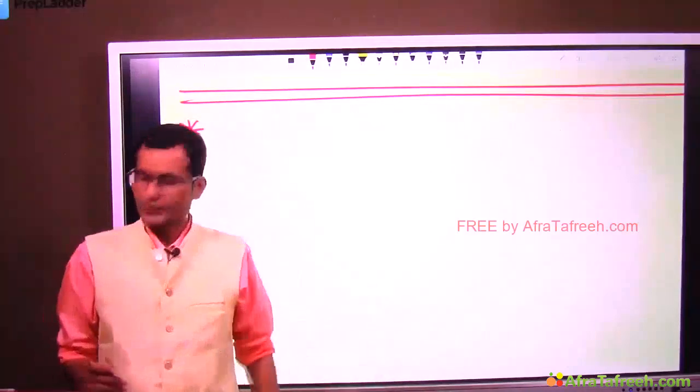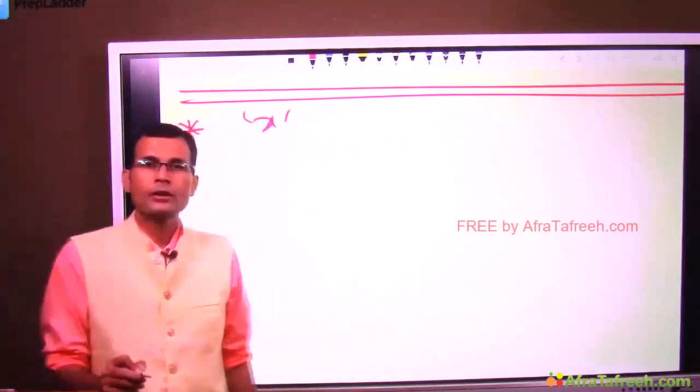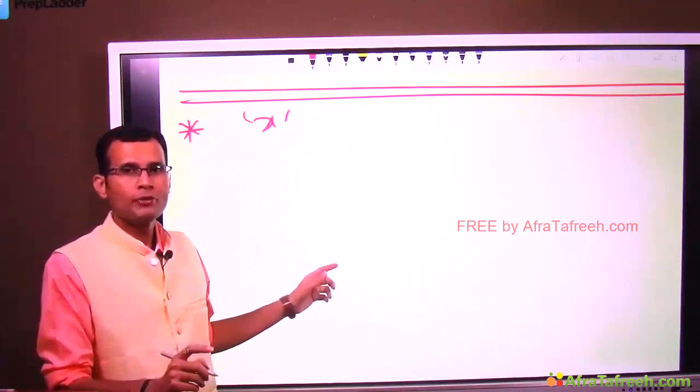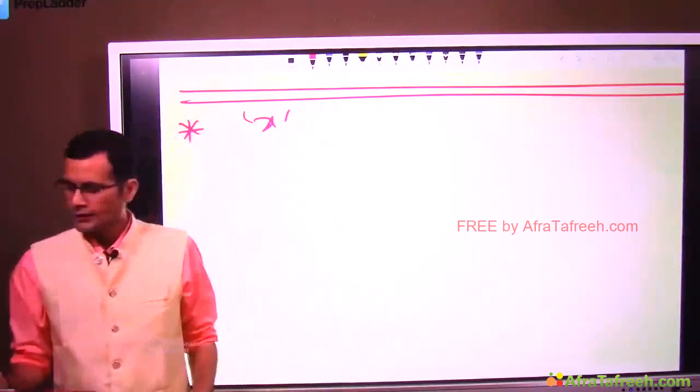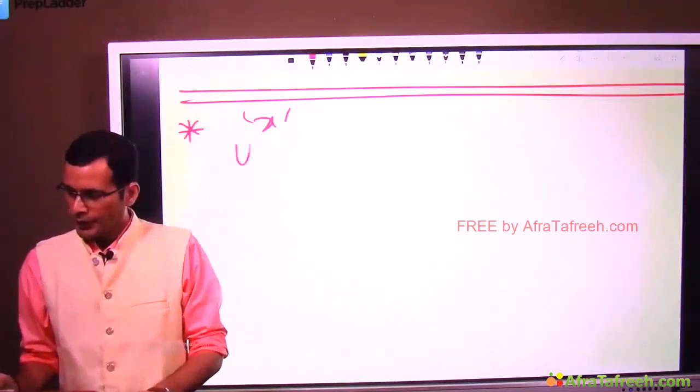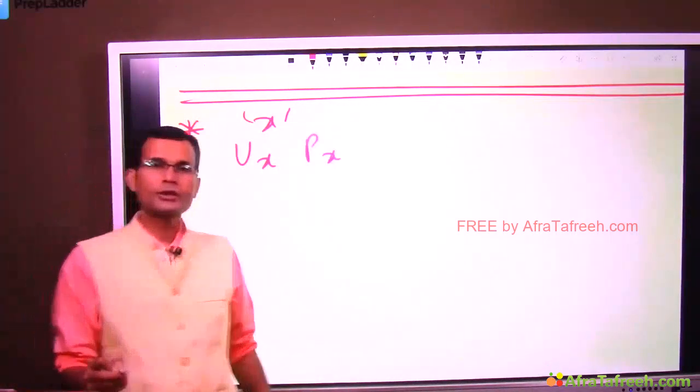Last point in this particular section is there is a substance X. Now this is again a problem solving type of MCQ or problem based question. There is a substance X. Its urinary concentration is given to you. Its plasma concentration is given to you.